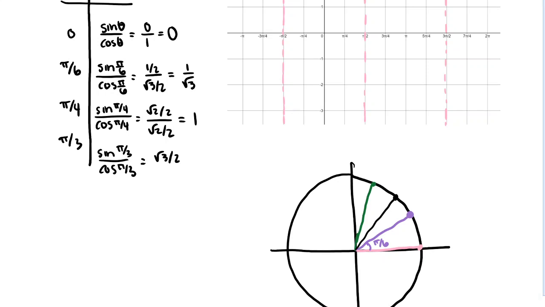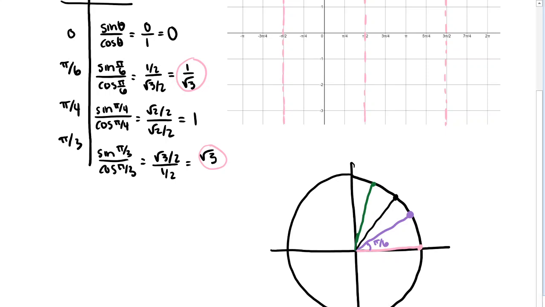And then cosine of pi over 3, that's 1/2. And then multiplying the top and the bottom by 2 gives us the square root of 3. So tangent of pi over 3 is the square root of 3. And it makes sense that the tangent of pi over 3 is going to be larger than tangent of pi over 6, right? The square root of 3 is larger than 1 over the square root of 3. We have a steeper angle for pi over 3, and so it ought to be larger.